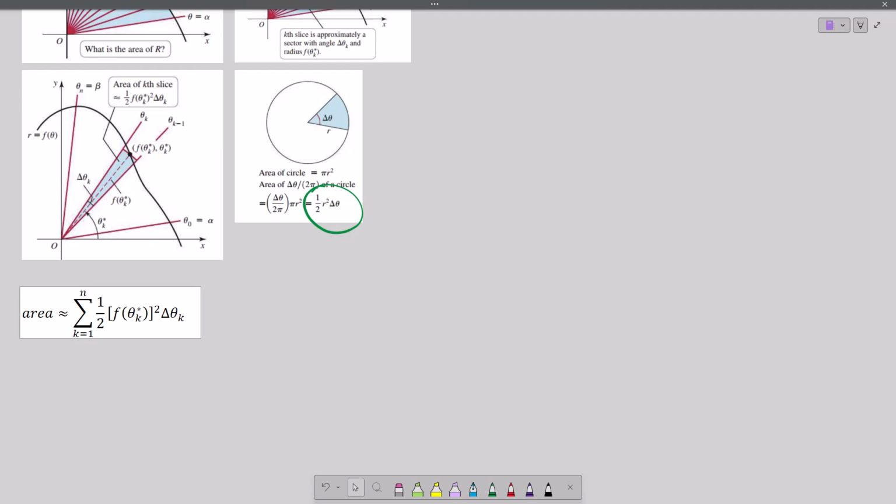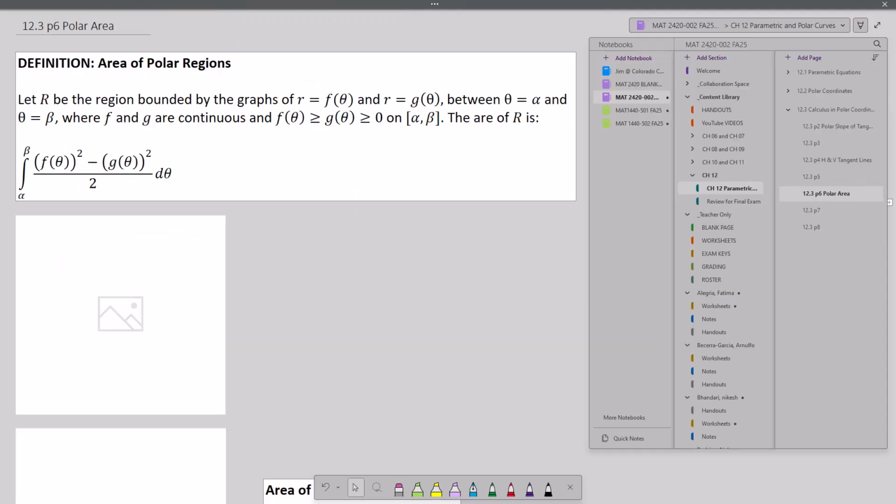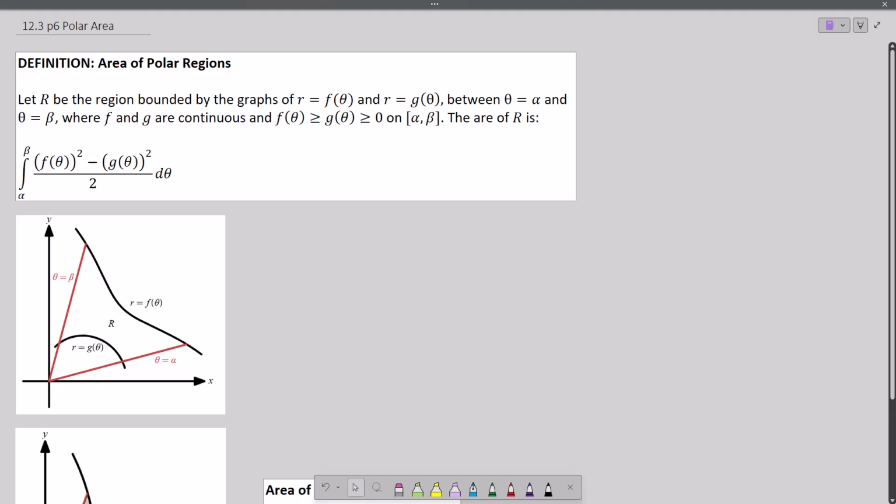Each one of these is the area of a sector, which is 1/2 r squared times the little angle. If you take the limit of that, you learned in Calc 1 that the limit of a Riemann sum is the definite integral. So we just wave our hands in this class when it comes to Riemann sums. Wave our hands, poof, we've got an integral.